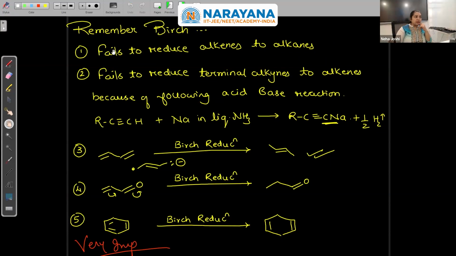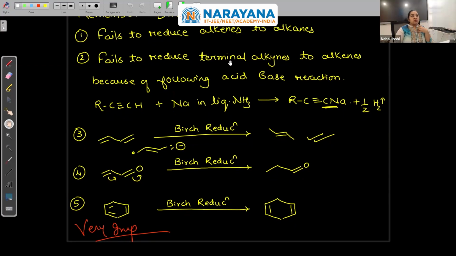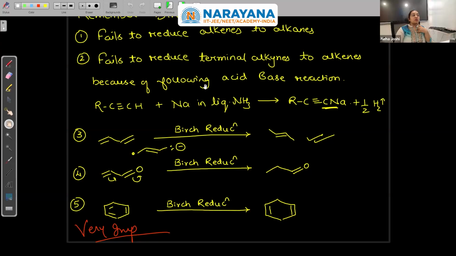Talking more of Birch, remember, Birch fails to reduce terminal alkynes to alkenes. Why? Because there will be an acid-base reaction taking place.